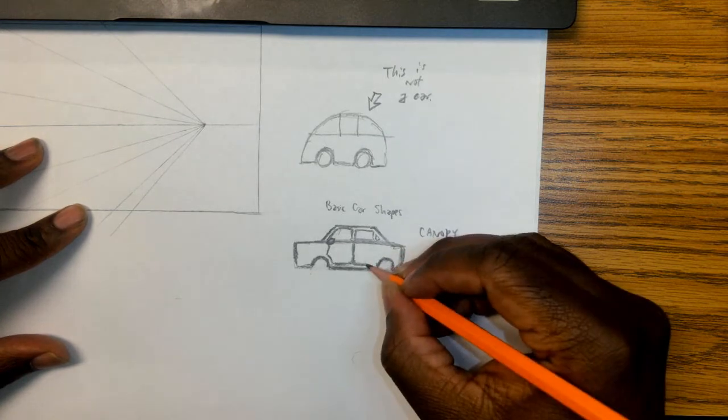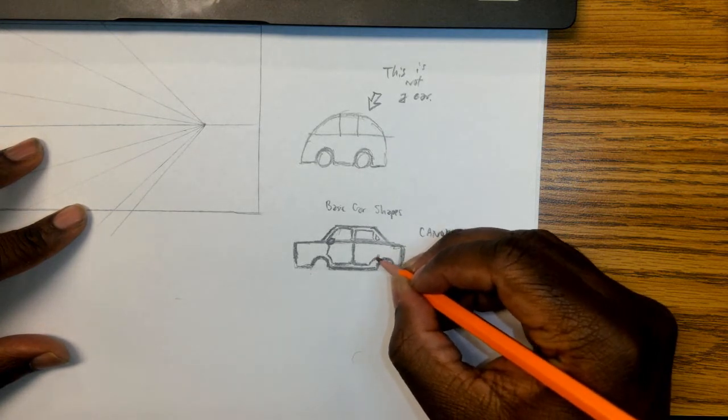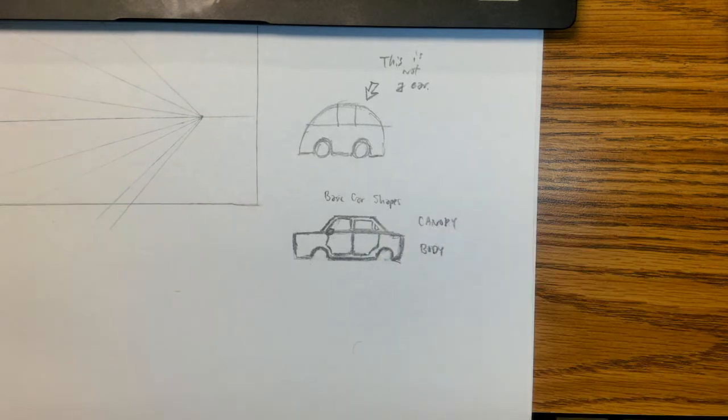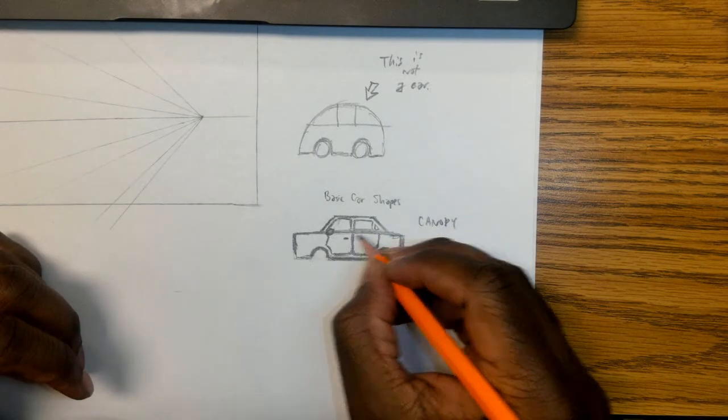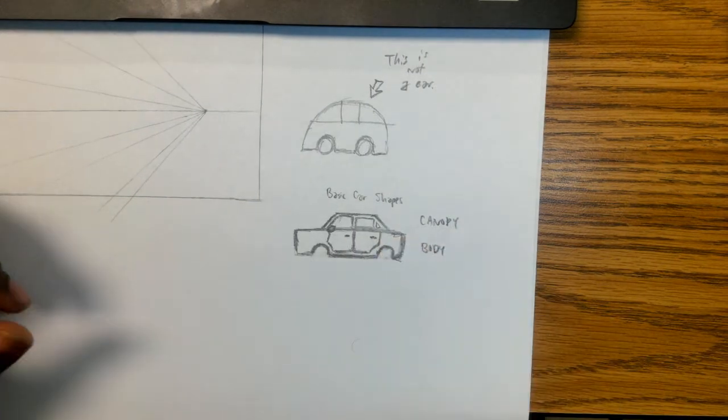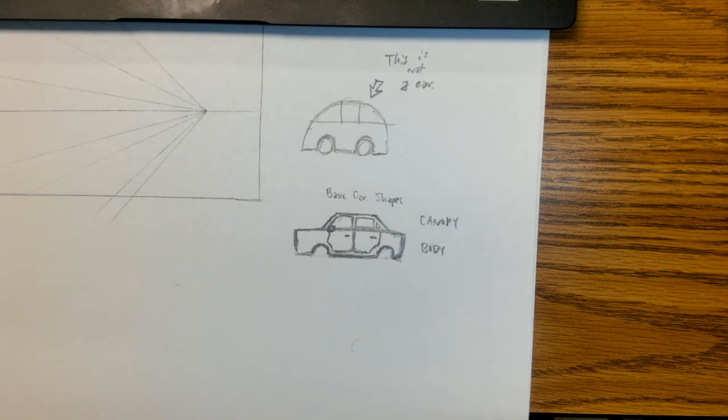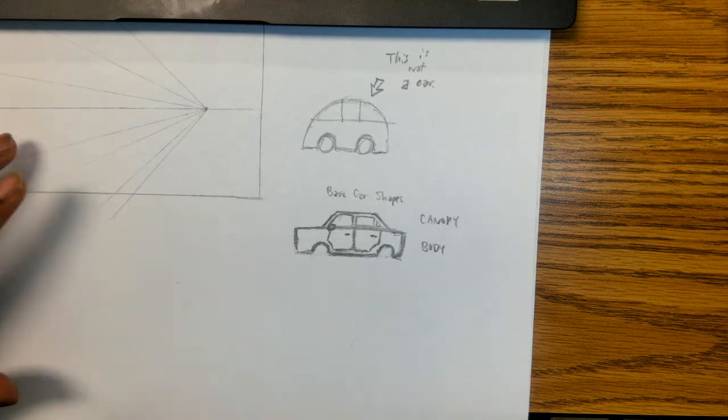And keep in mind, this is really just for a four-door sedan, a very classic kind of body style. They don't really do this as much anymore. That's why this is our starting point.